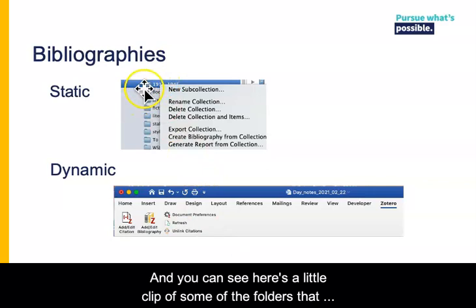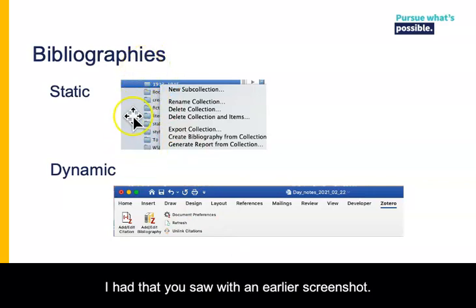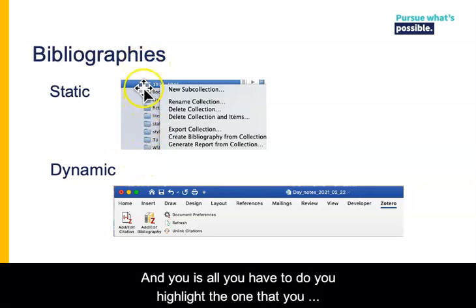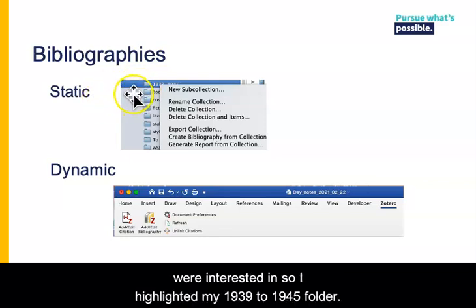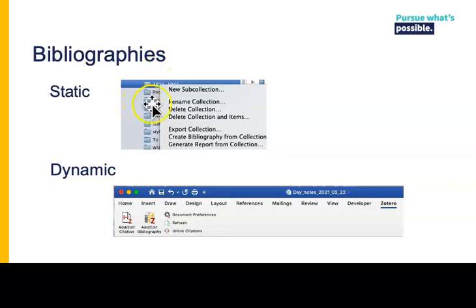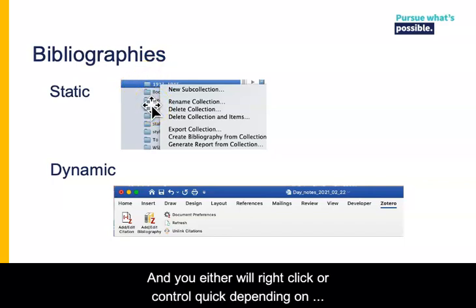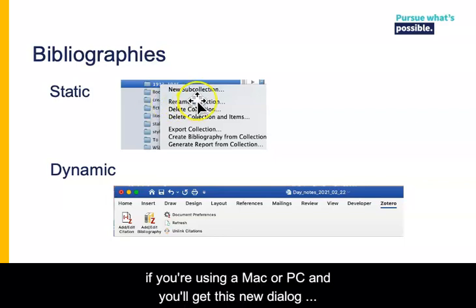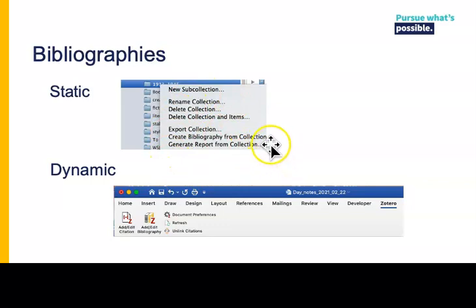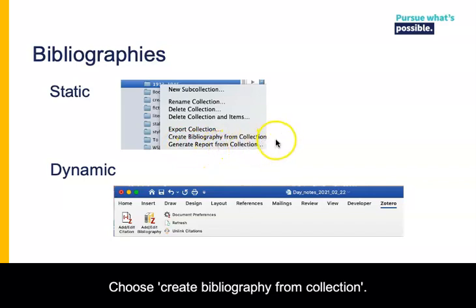And you can see, here's a little clip of some of the folders that you saw with an earlier screenshot. And this is all you have to do. You highlight the one that you were interested in. So I highlighted my 1939 to 1945 folder, and you either will right click or control click depending on if you're using a Mac or a PC, and you'll get this new dialog box, and all you have to do is choose Create Bibliography from Collection.